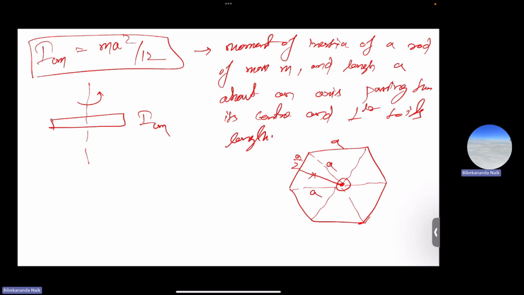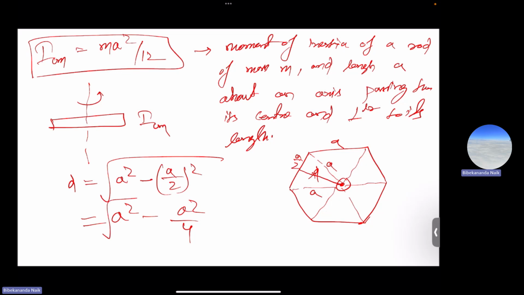Suppose the distance is d. What will be the value of d? d will be root of a square minus a by 2 square, so root of a square minus a square by 4, so root of 3 by 4 a square. That implies root 3 by 2 a.